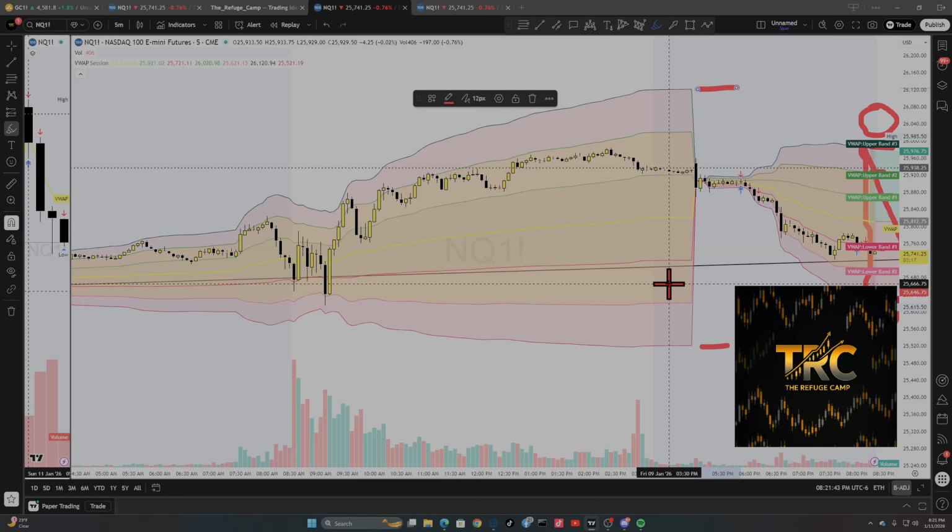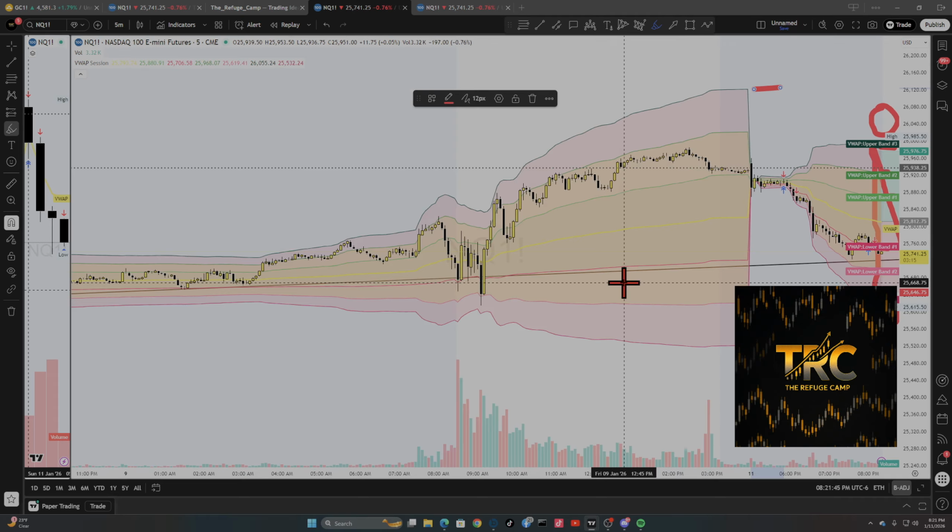So when you hear or you come across somebody on TikTok that talks about trading VWAP, this is what they're talking about. Look what happens when you get into that 3rd band here, right? Do you see how it cannot get above it? It cannot live outside of it. VWAP has to move up with it in order to go higher.